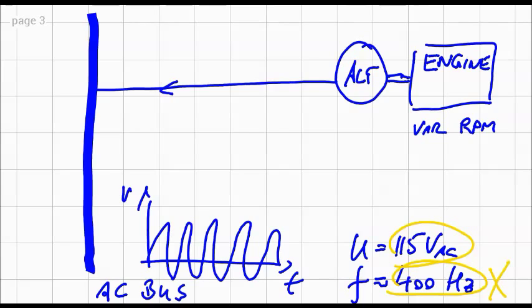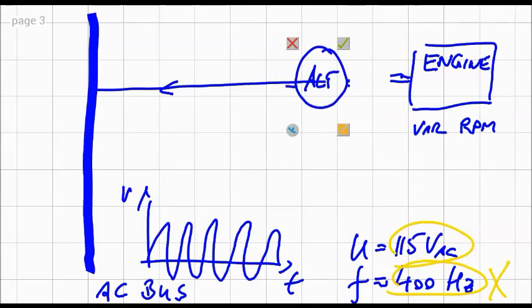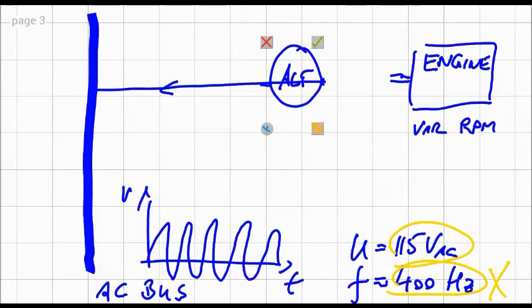What I can do is separate this alternator mechanically from my engine. So I put it back here, and I build a box in between. And this box is simply a gearbox.